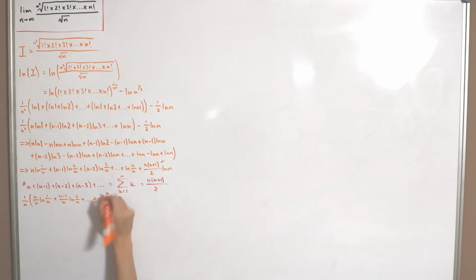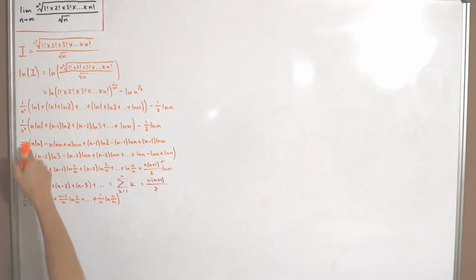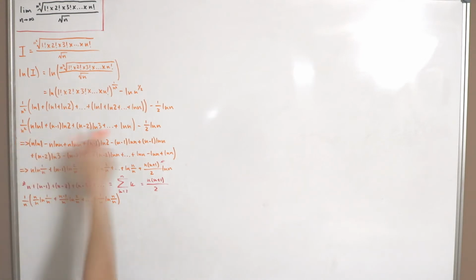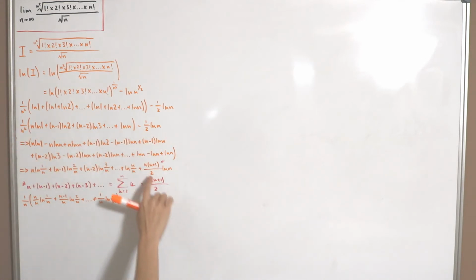So 1 over n, and then ln of n divided by n, and then I'll distribute the 1 divided by n squared over to the n times n plus 1 divided by 2.